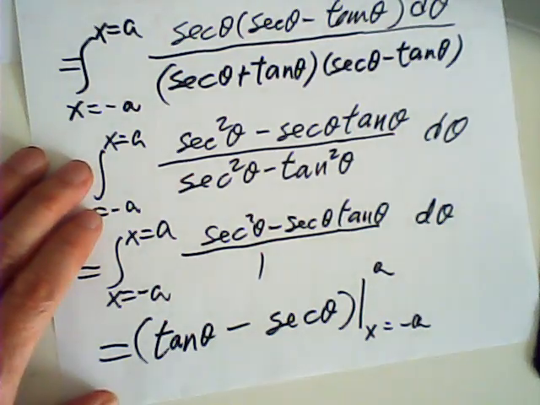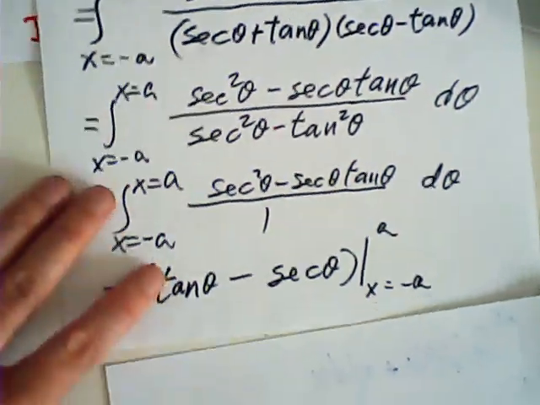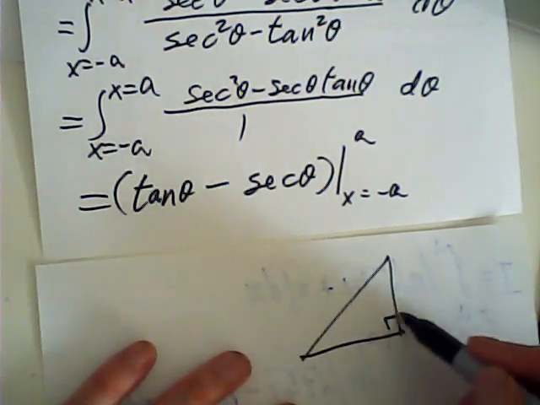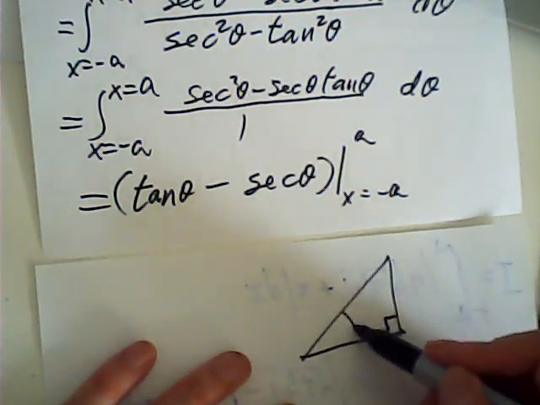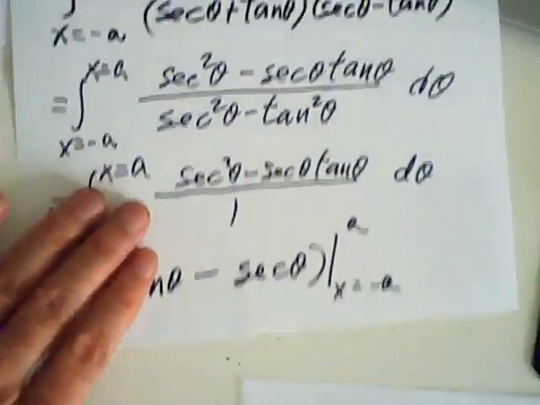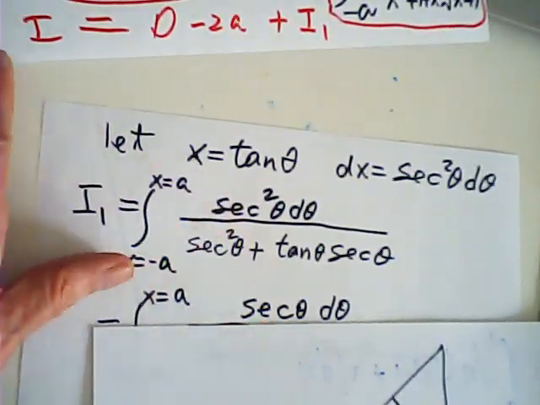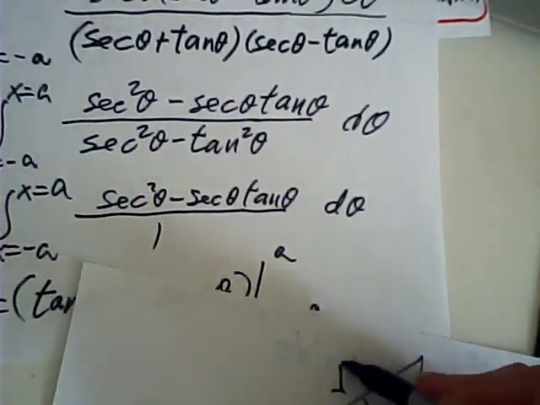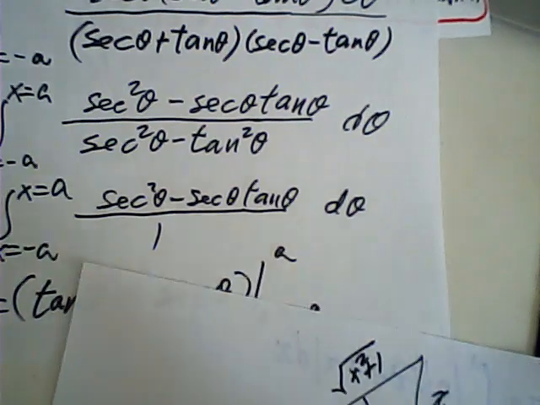Now, continue. As we know, we have an assumption from the beginning that tangent theta is equal to x. So this is x, right? This is 1. So this is the square root of x squared plus 1.